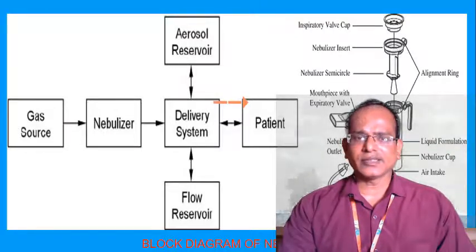So here the gas source is given to the nebulizer. The nebulizer has a chamber called a reservoir. Here the reservoir holds the drug. The drug is evaporated due to the electric circuit, and it moves up and is delivered to the patient.